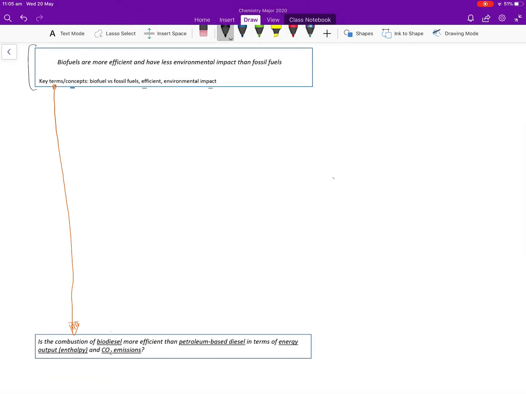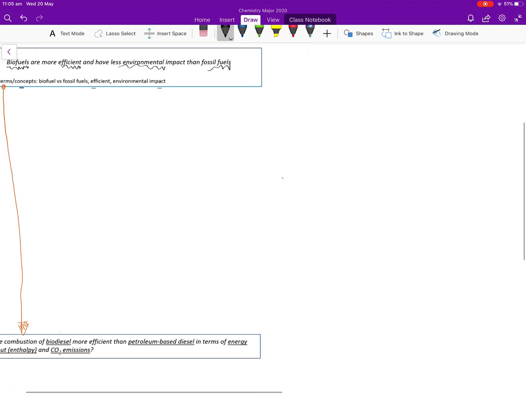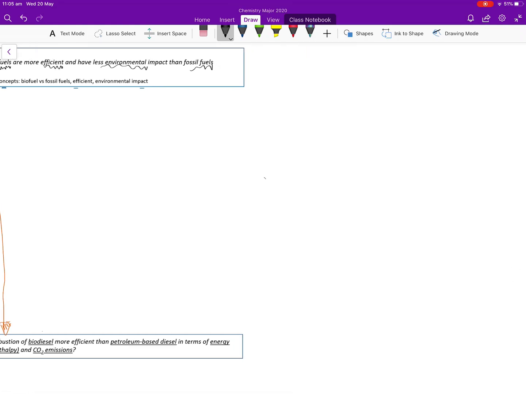So when I came up with my research question, there are a few different aspects in here. So there was biofuels, efficient, environmental impact, and fossil fuels. So what I want to do in my rationale is demonstrate how did I get from biofuels to biodiesel?